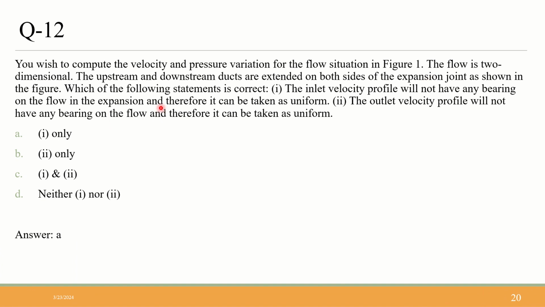In most cases, inlet velocity can be taken as uniform because it is coming from some other source. There is no change to the inlet velocity profile. Therefore, the first statement is right.